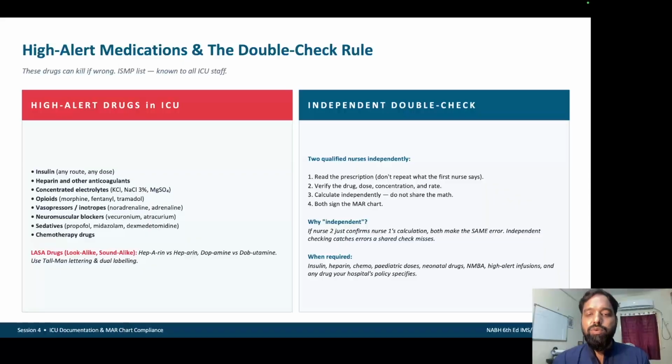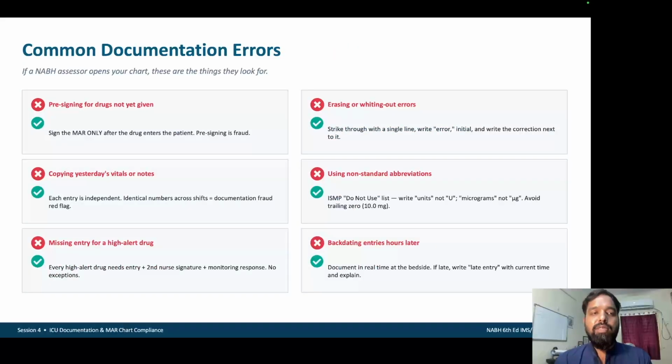If nurse 2 just confirms nurse 1's calculation, both make the same error. Independent checking catches errors, a shared check misses. When required: insulin, heparin, chemo, pediatric doses, neonatal drugs, neuromuscular blocking agents, high alert infusions, and any drug in hospital policy specifies.